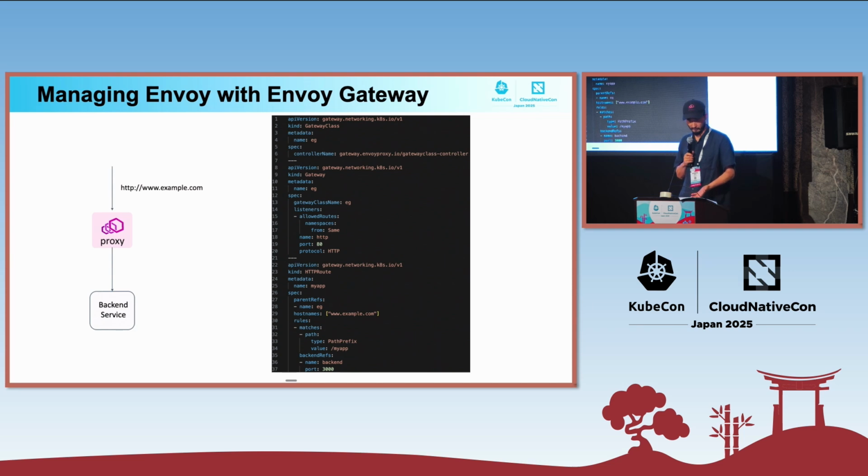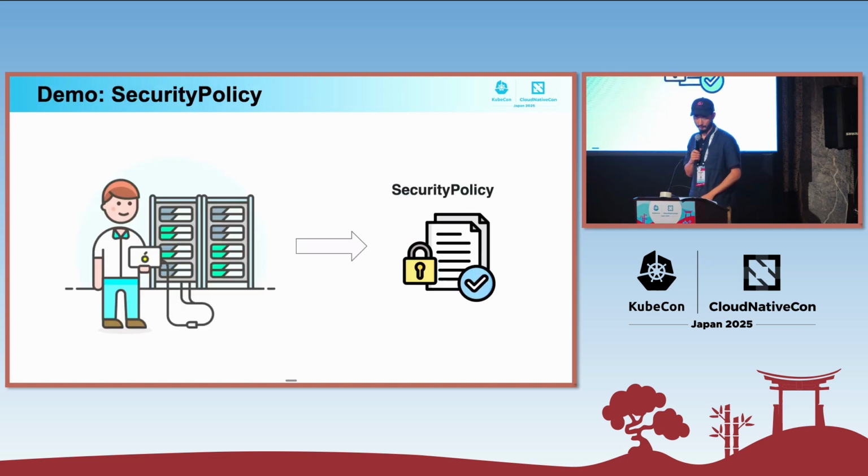It's just about 37.9 lines of YAML configuration. So it's very simple. But that's just the beginning. Things really get powerful when you start adding policies, like security policy. So let's take a look at how this works in a real example.